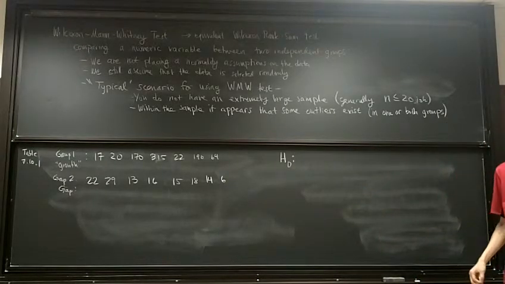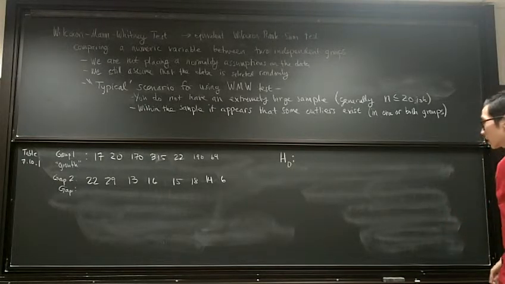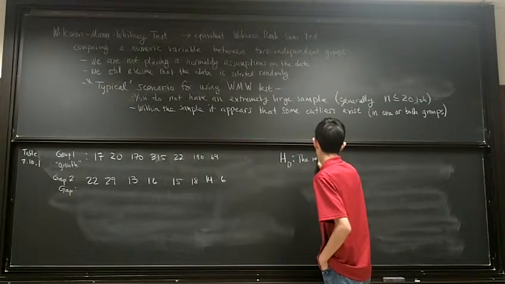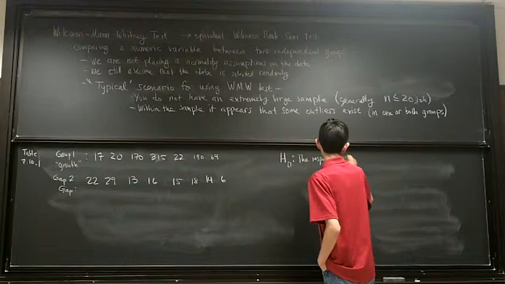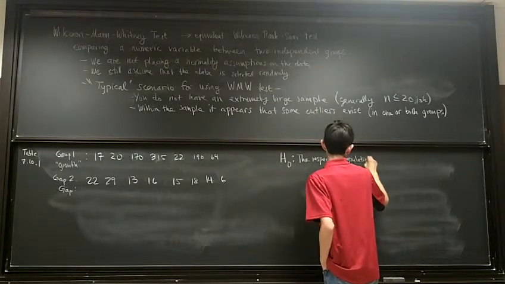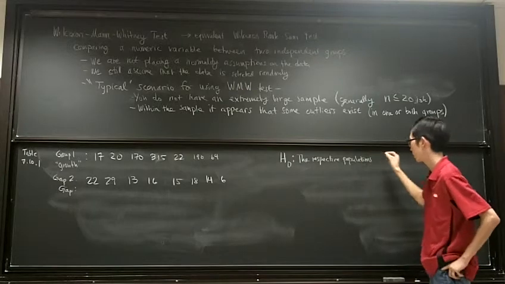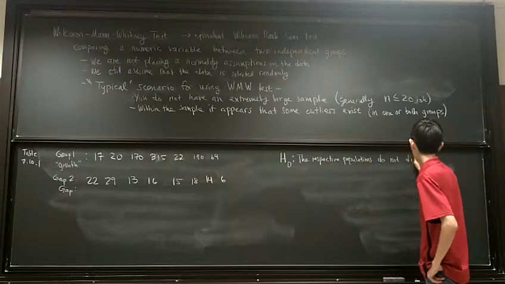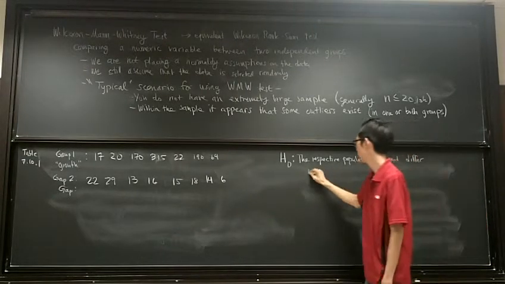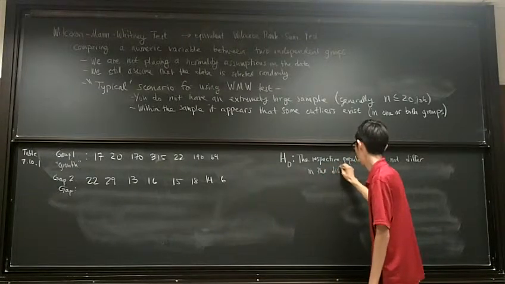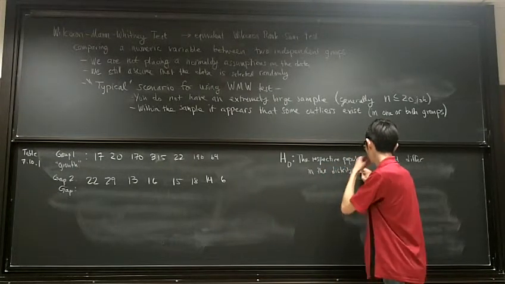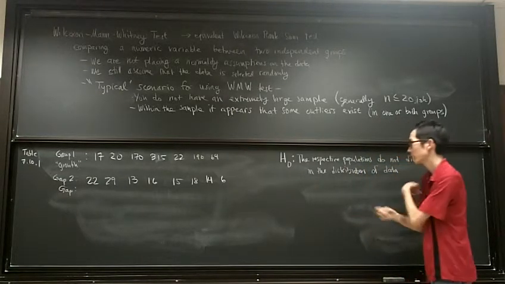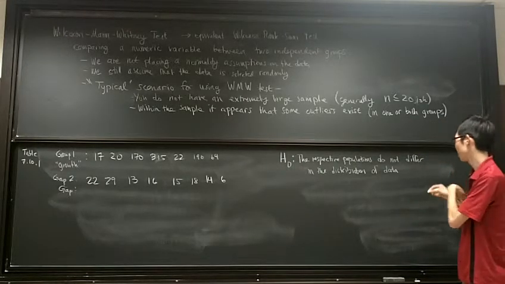So the null hypothesis is that the respective populations do not differ in the distribution of data, or in our case, soil respiration.